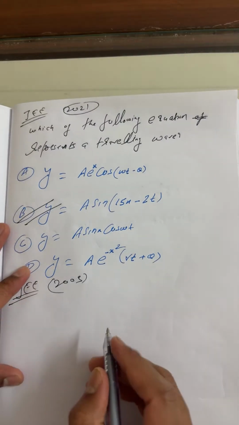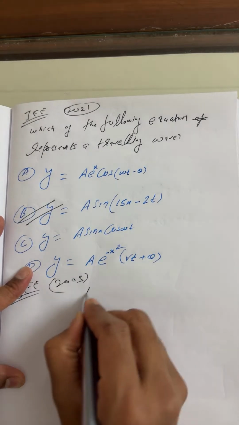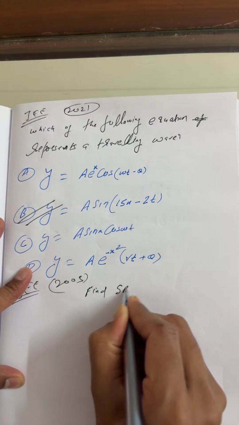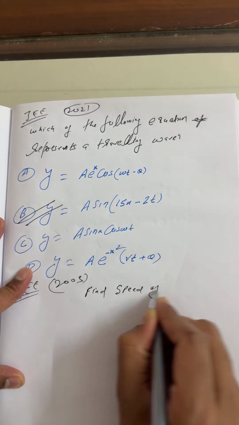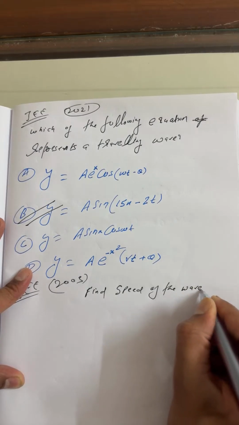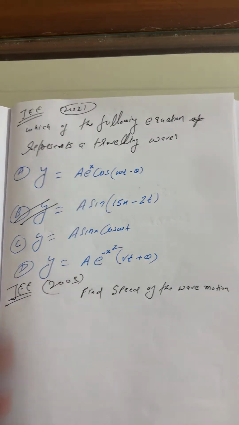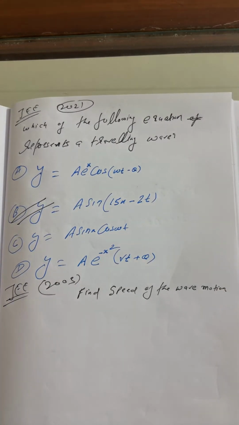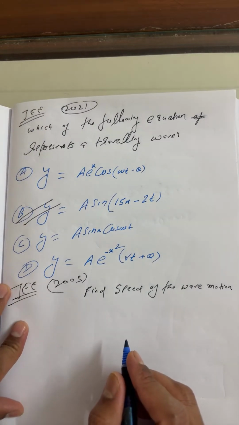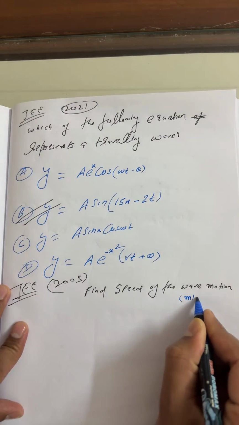Here you have to find the speed of the wave motion. Simple. Find the speed of the wave motion, in meter per second. Keep in mind, you have to answer in terms of meter per second.